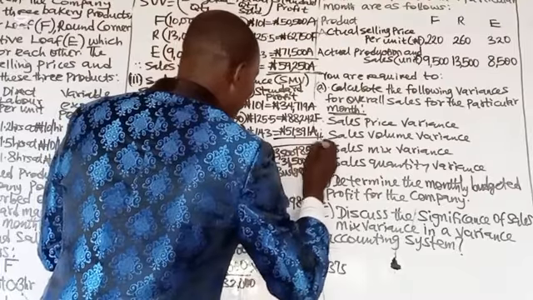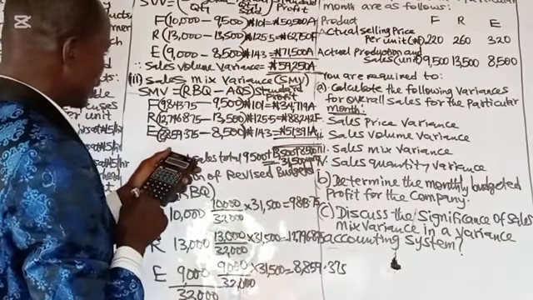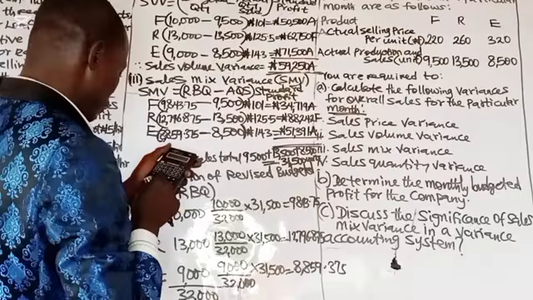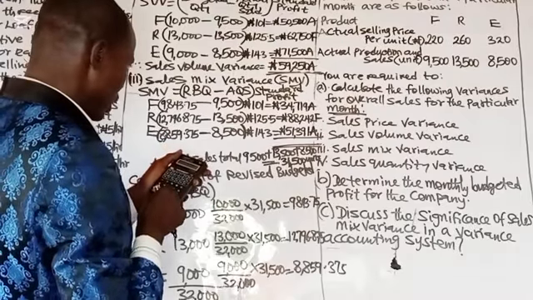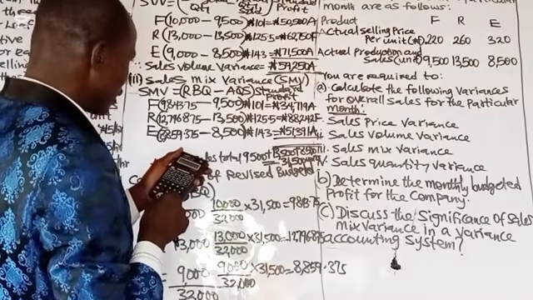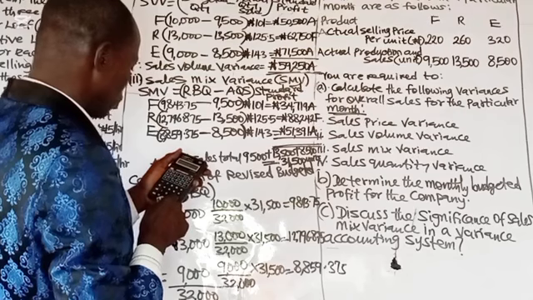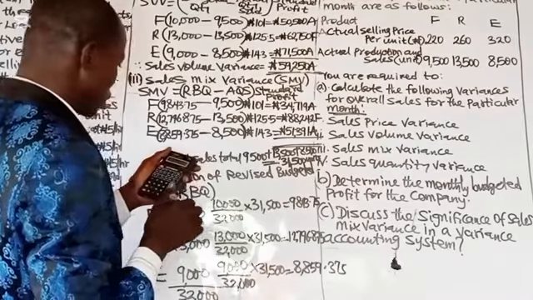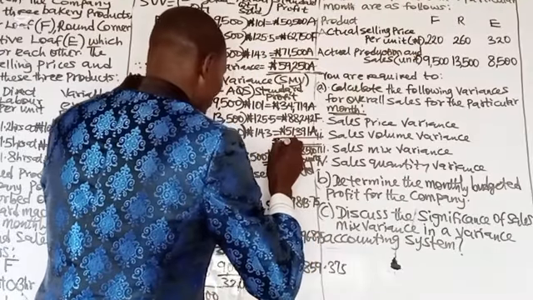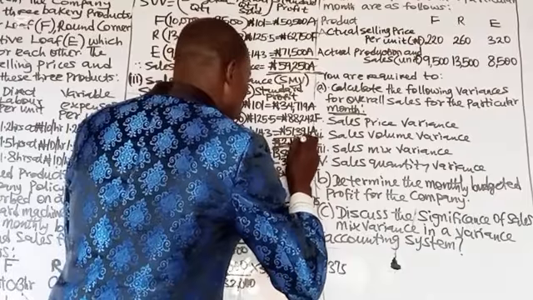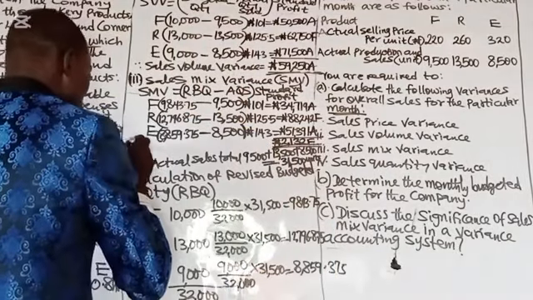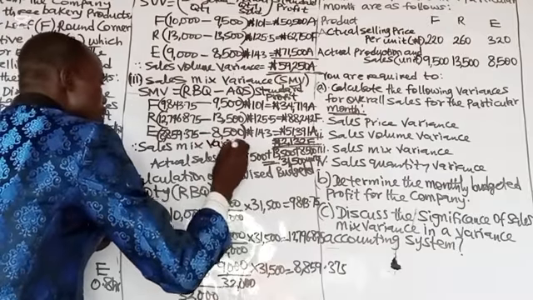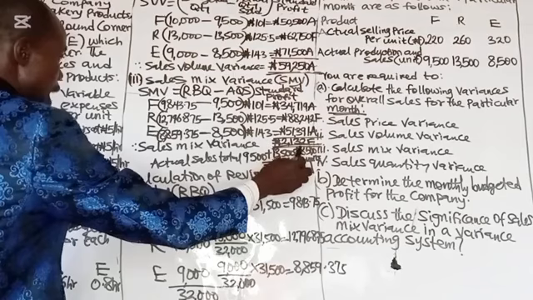Therefore, if you sum up everything together, 34,719 adverse plus 51,391 adverse, minus the favorable of 88,242. Favorable is greater. You have 2,132 favorable. Therefore, the sales mix variance is 2,132 naira favorable.